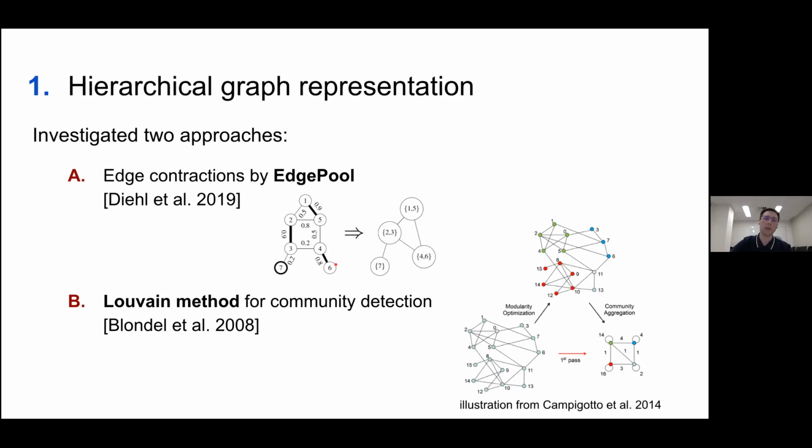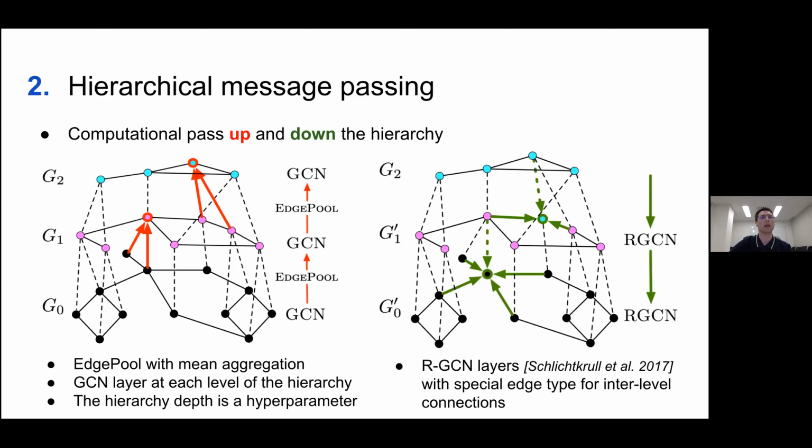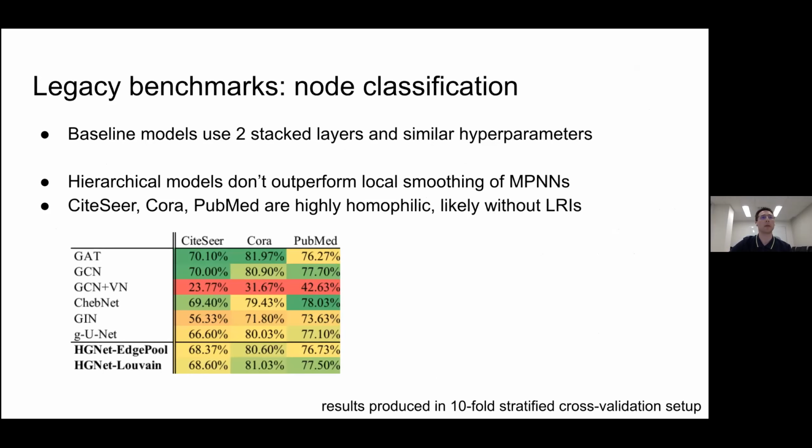Yes, we've seen better results with the edge pool, but it does change between the data sets. As I said, most of the data sets are fairly small, so I'm not sure if it's really significant. But for the larger graphs like the OGB, the edge pooling did perform better.